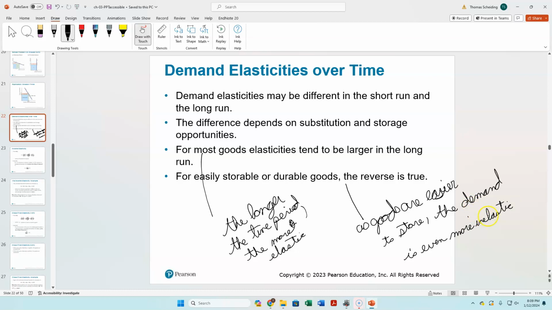I'm not going to be as sensitive to price changes anymore because I can just store it over a longer period of time.